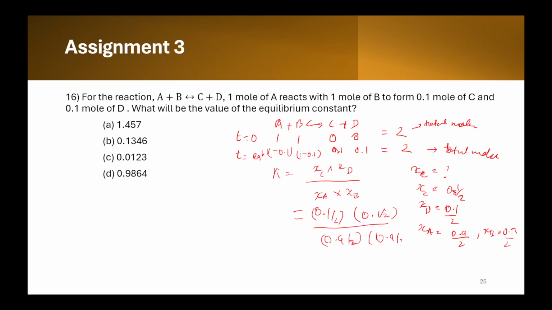So the 2s will get cancelled. We'll get 0.1 square by 0.9 square. This comes out to be 1 by 81, which comes out to be 0.0123. So the correct answer here is 0.0123.